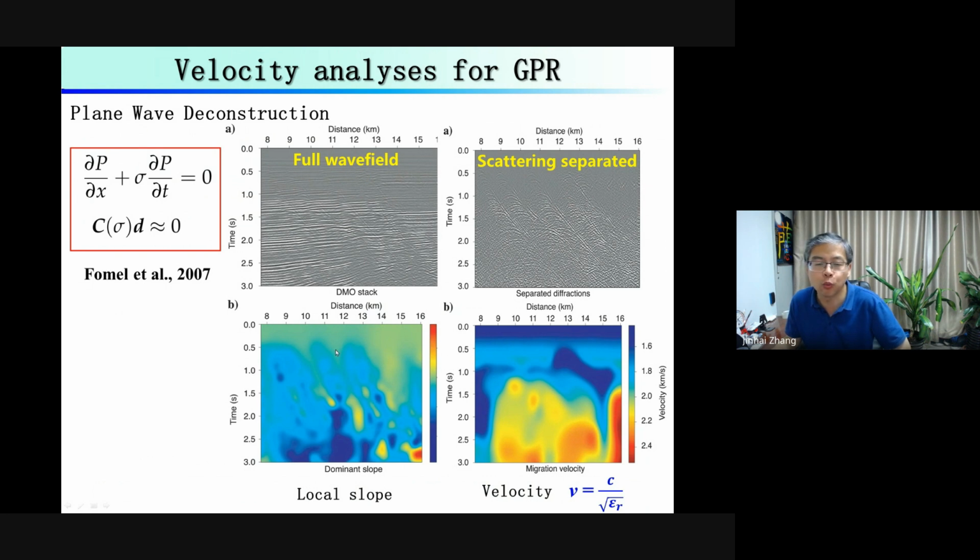After that, we can transform this model into the velocity model, and then we can use the traditional migration by velocity method. Of course, the velocity can be converted from the relative permittivity of the rocks, over the speed of light.